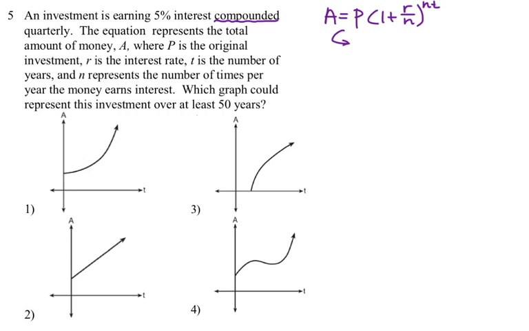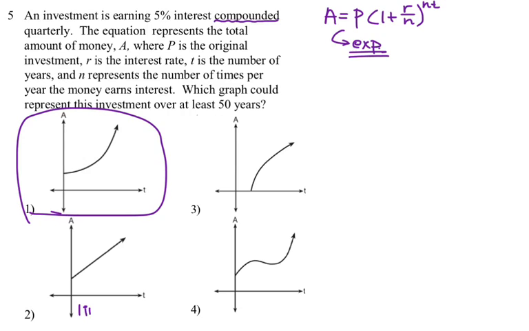But now, you know that this function is an exponential function. So therefore, which one of these 4 looks like an exponential function? It is choice 1. As you can see, number 2 is a linear function. Number 3 is a logarithmic function.